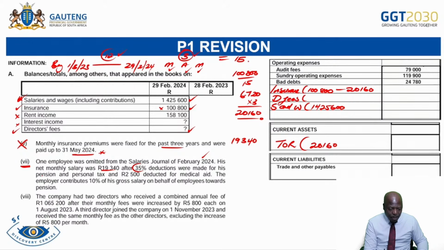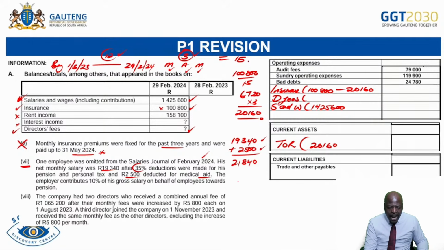So 35% was for his pension and personal tax, and 2.5% for medical aid. So I'm going to add the 2.5% for my medical aid.